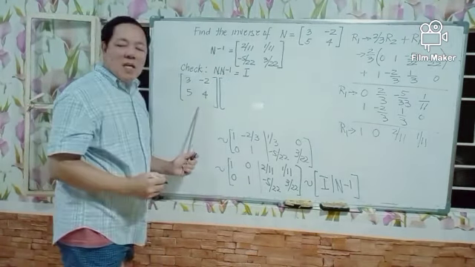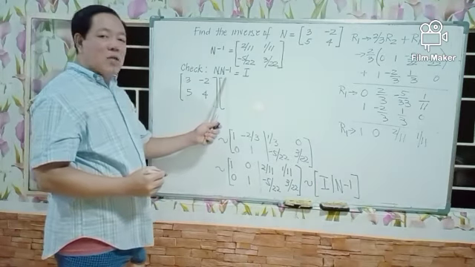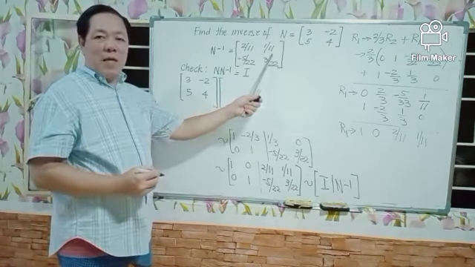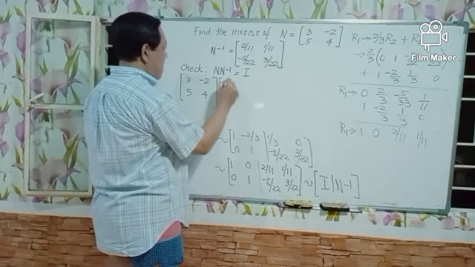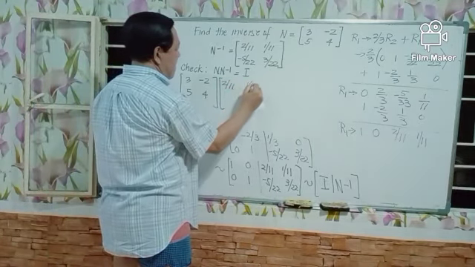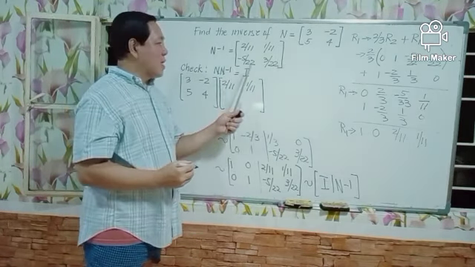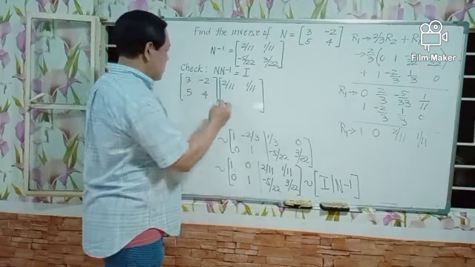And we multiply matrix n by n to the power minus 1. We have 2 over 11, 1 over 11. Second row, negative 5 over 22, 3 over 22.